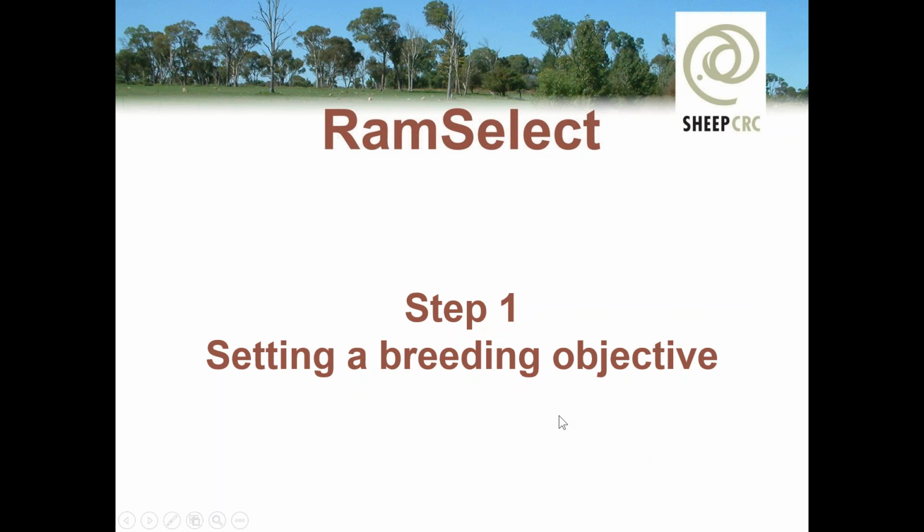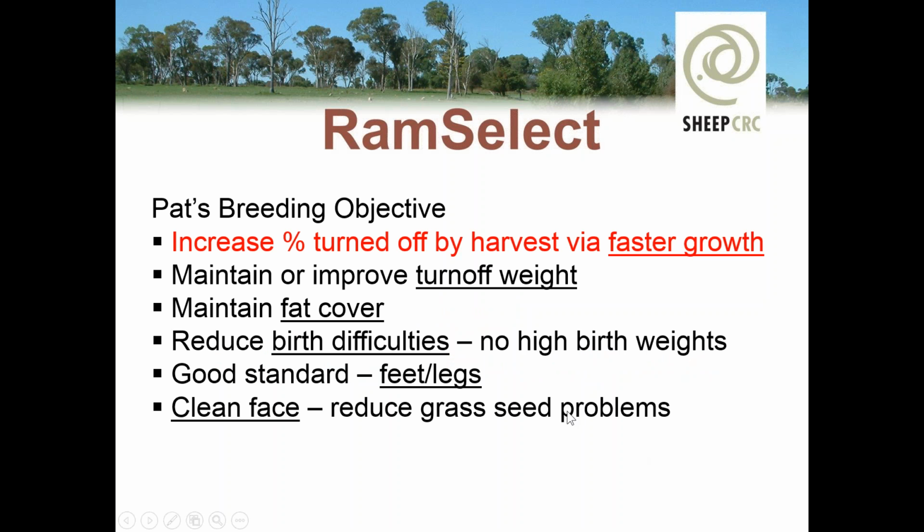Okay, the first part of it, setting up the breeding objective. I think a lot of people don't have a really clear idea. They might have it somewhere in their head, but unless they've got it written down, I think it's probably not that effective. You can use words like I've got there.